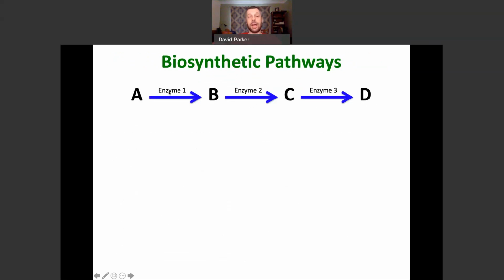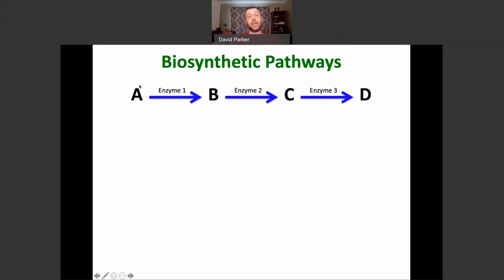The idea is that in order to get from A through to D, D being something we want as an organism, we have to take chemical A and modify it a little bit until it becomes B. That's a chemical reaction. B has to be modified in some way and become C. And finally, when we get C, we can modify C to get what we really want, which is D.